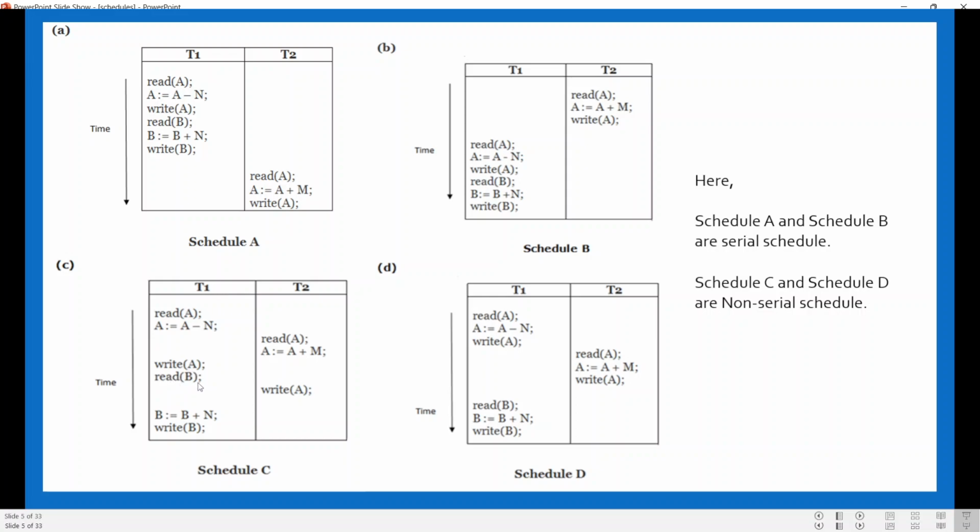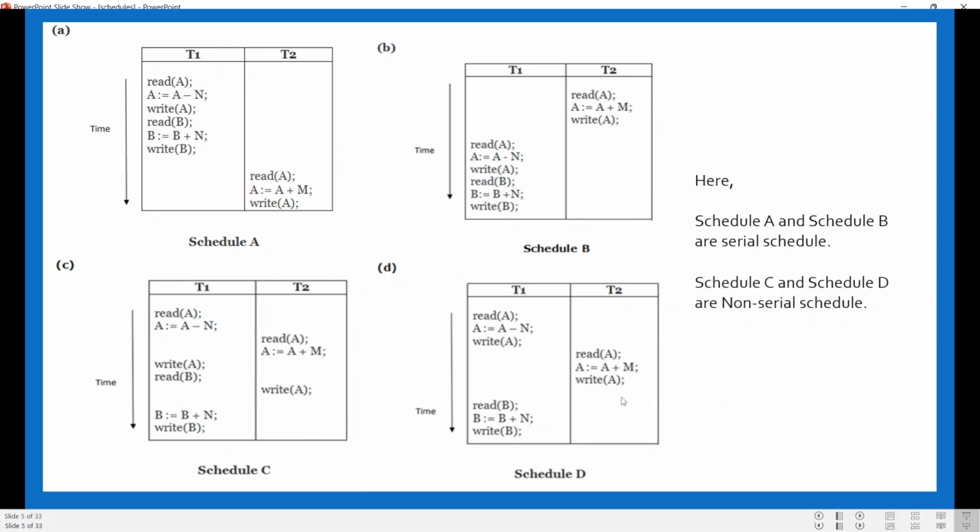Then we read B and write the value here. So you can see there are interleaving operations. Before transaction T1 is executed completely, transaction T2 starts. There are interleaving operations between T1 and T2. Hence this is a non-serial schedule.